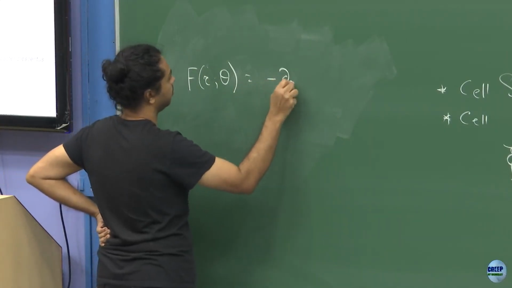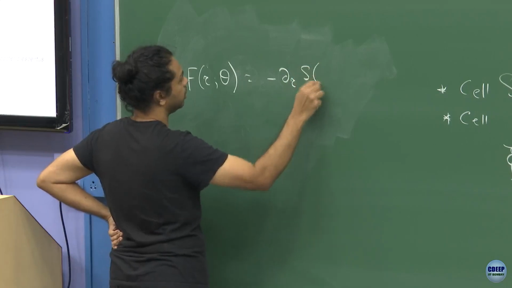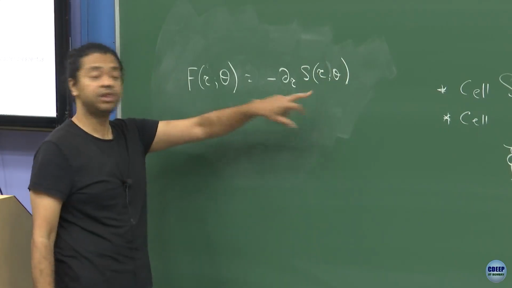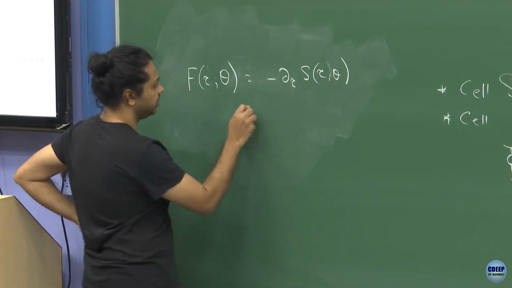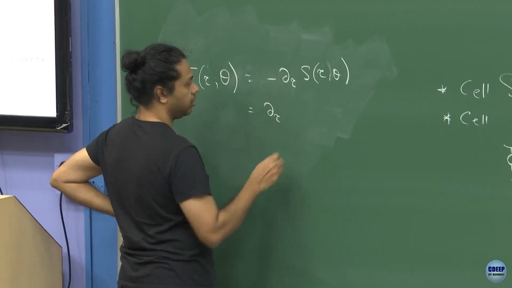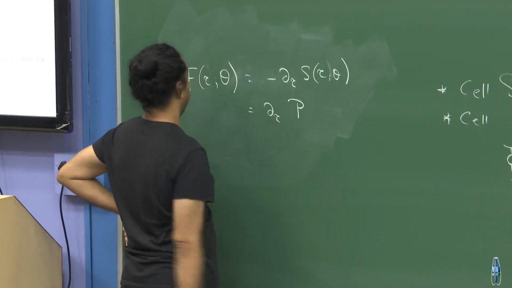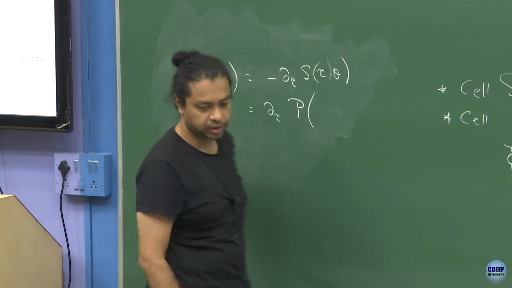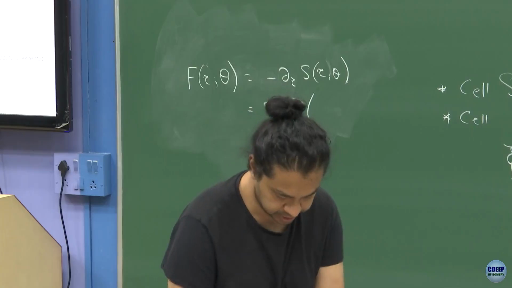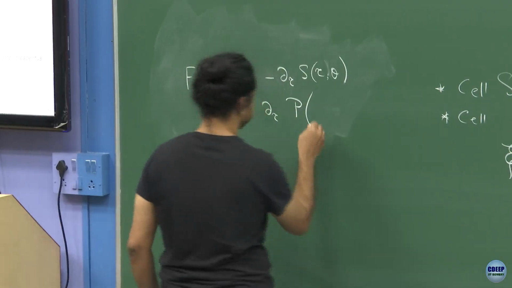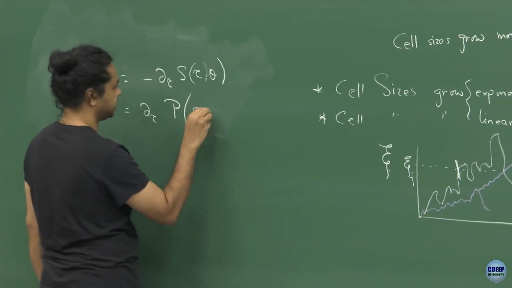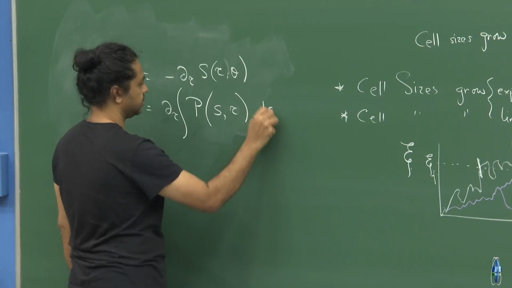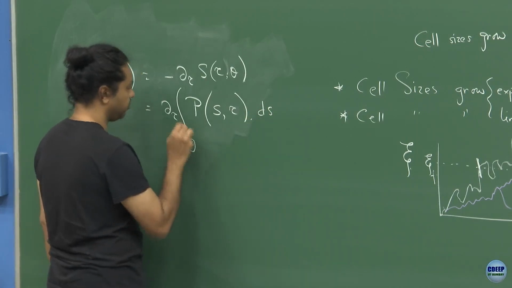This was, in general, some threshold, S of tau theta, derivative of the survival, and in this case it is essentially nothing but the derivative of the probability, how do I write this? So, the probability that you have some size s at some time tau, integrated over all sizes from theta to infinity.